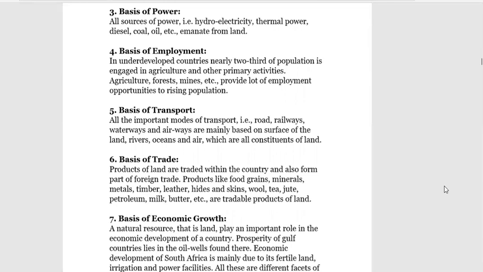So land gives employment to so many people. It's a basis of transport. The road, the railway, whatever you have seen, we are using every day, that's also part of land.